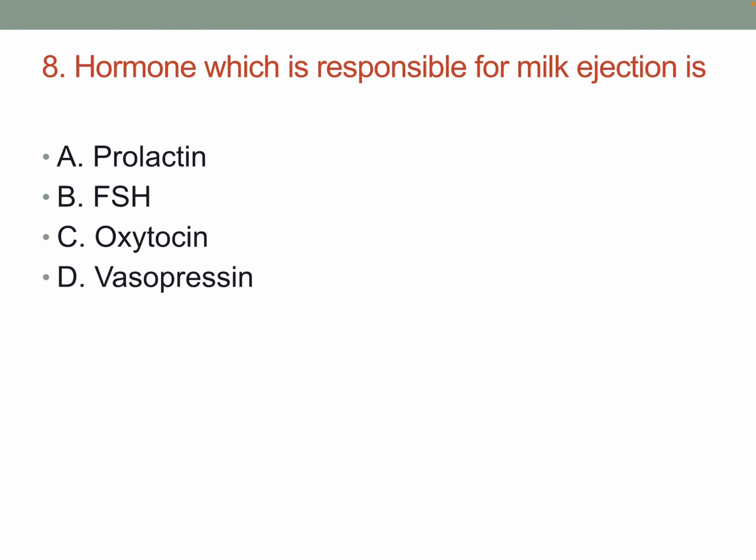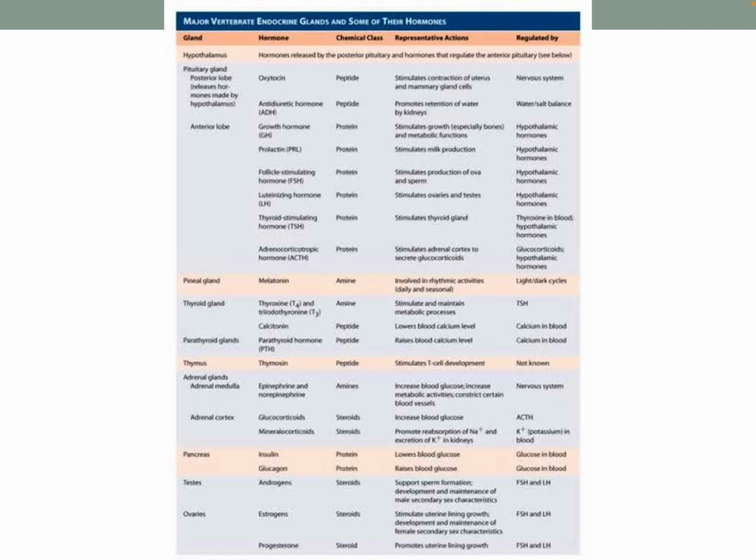Coming to the next question. The hormone responsible for milk ejection is, don't get confused, milk ejection and milk production differ. Prolactin, follicle stimulating hormone, oxytocin, vasopressin. The answer is oxytocin. And these are the hormones and their functions.